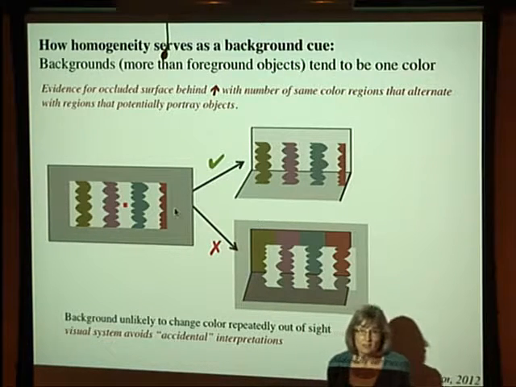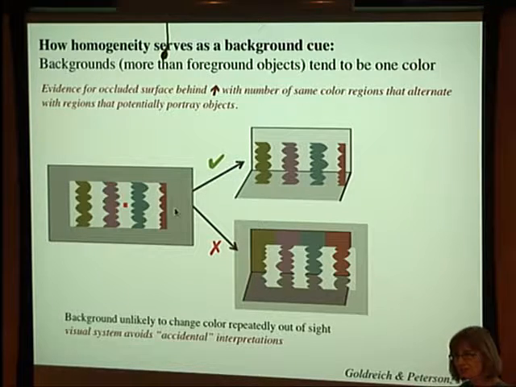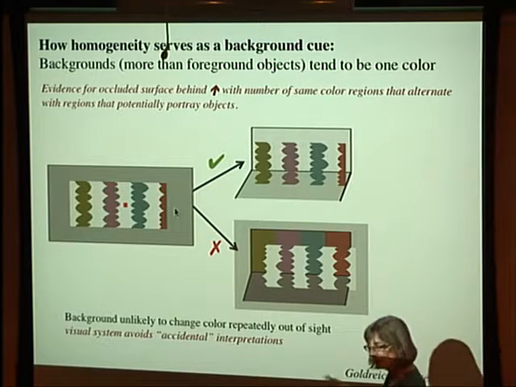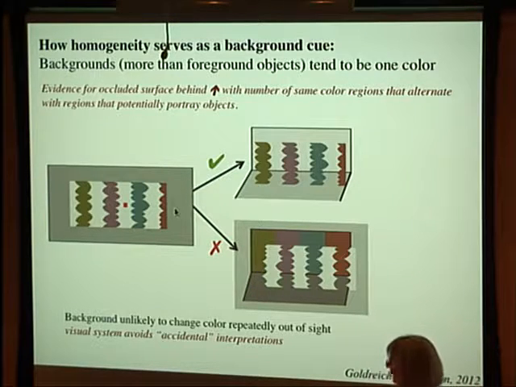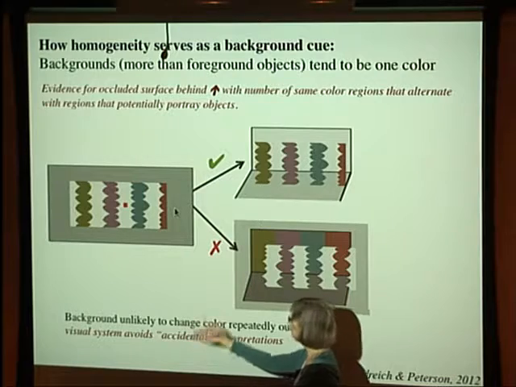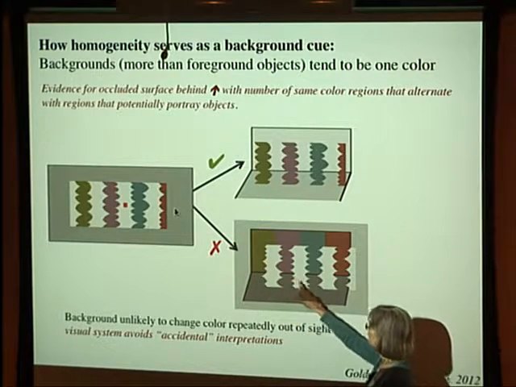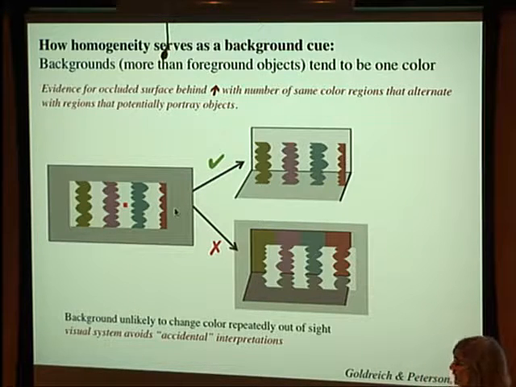So a given object might do that by chance alone. But the more objects you have that seem to be doing that, the less likely the visual system is to accept this interpretation. And so this is an accident of the observer's viewpoint, that the observer would ever see multiple independent objects in front of a ground and cutting off that ground only just where it changes color.